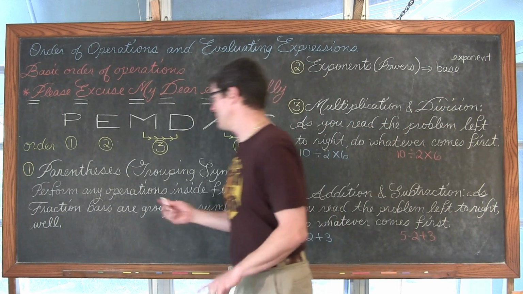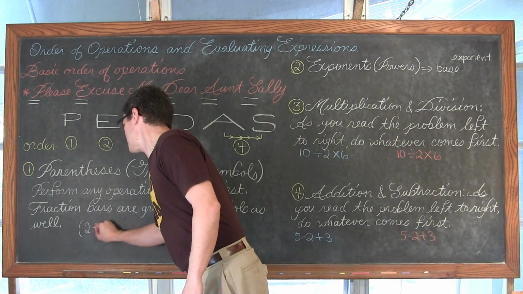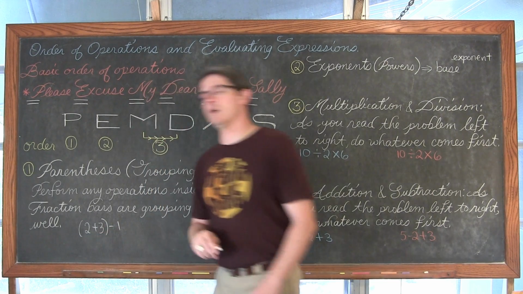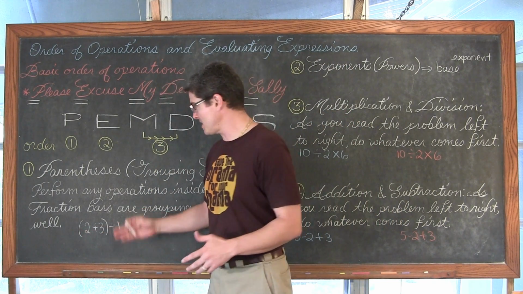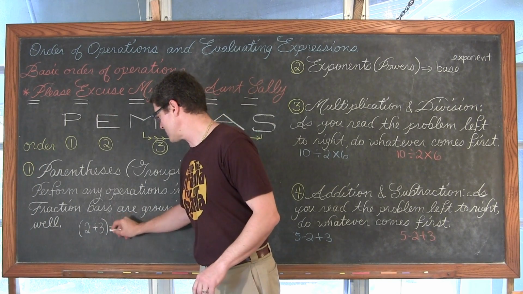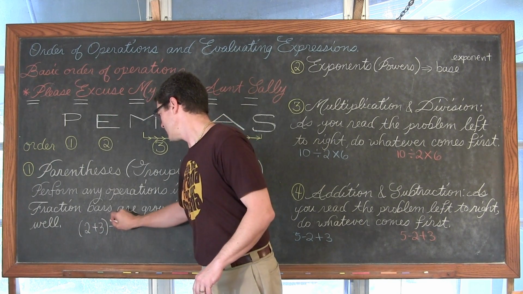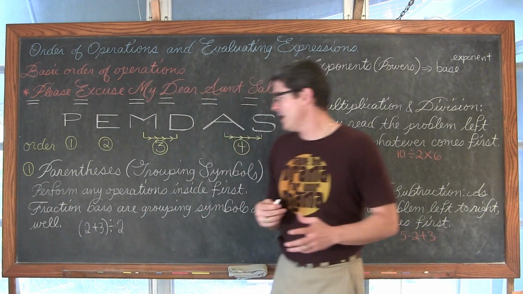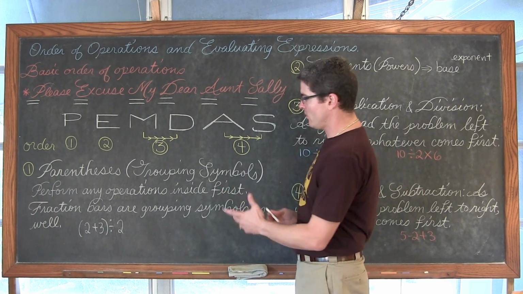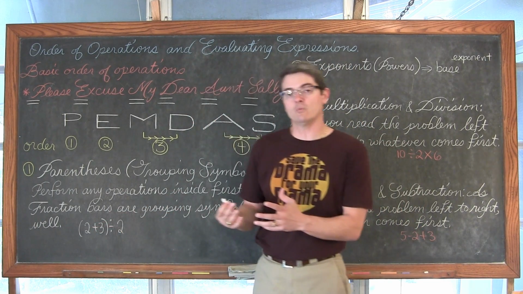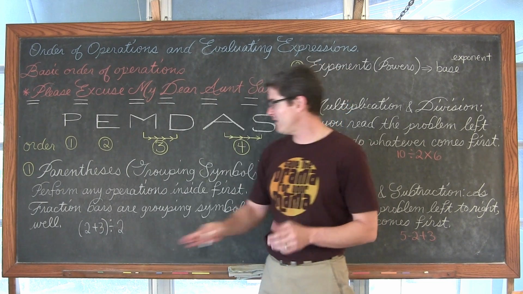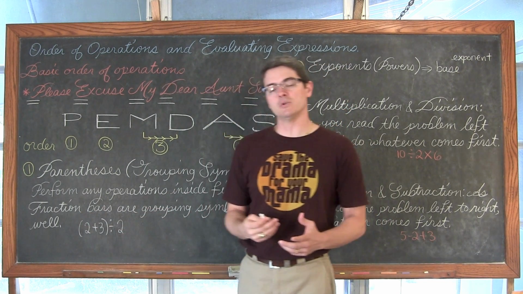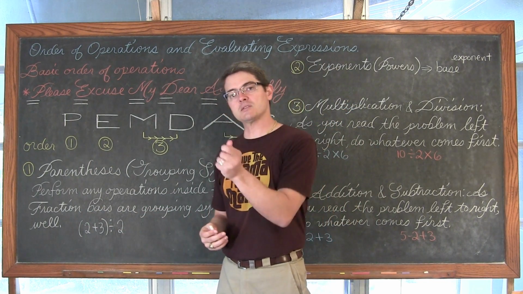So what I mean is here, if we have parentheses 2 plus 3, then division by 2, we're going to have to work with the order of operations and see that there's addition and then we have division. Well, you know, we're supposed to divide before we add, but no. We have parentheses, we have a pair of grouping symbols, and that means that we have to work inside that first.